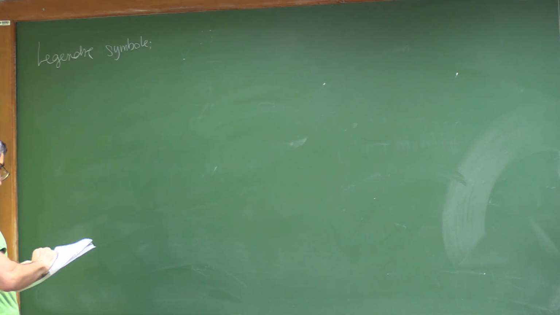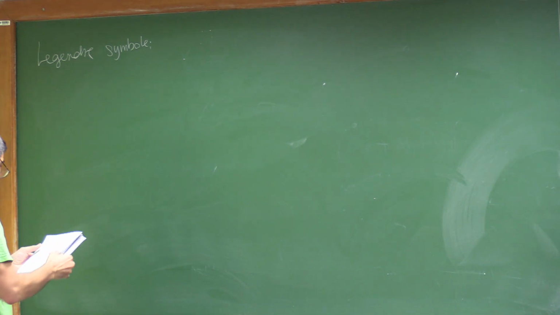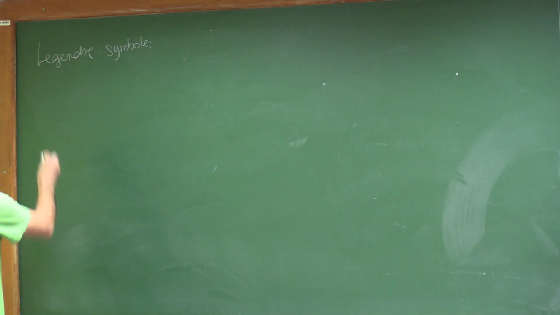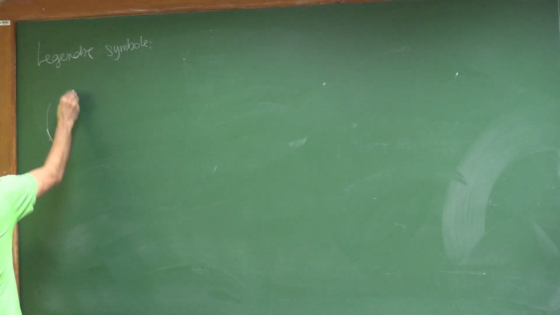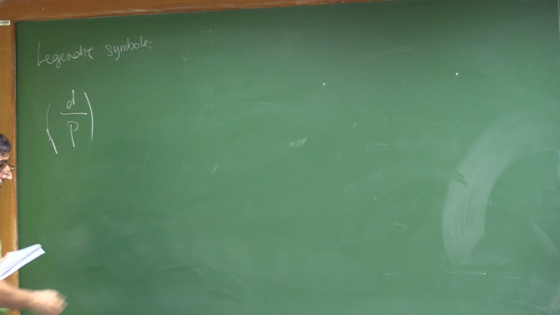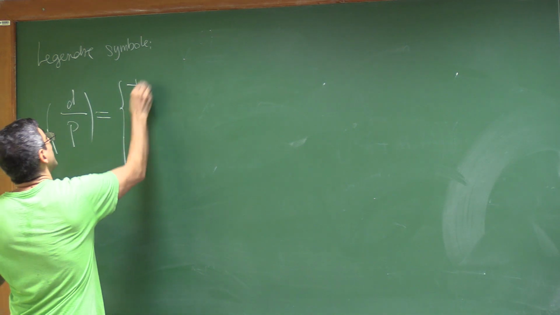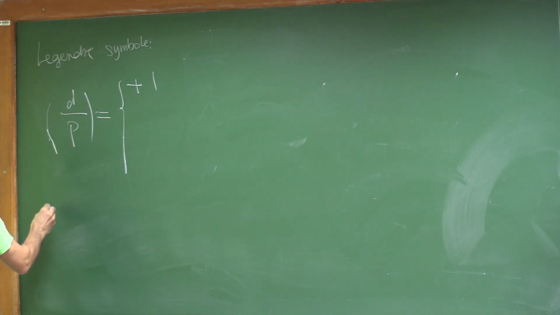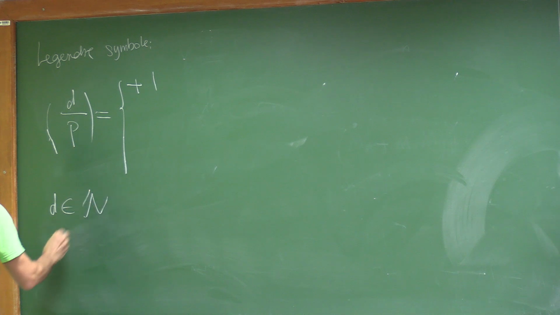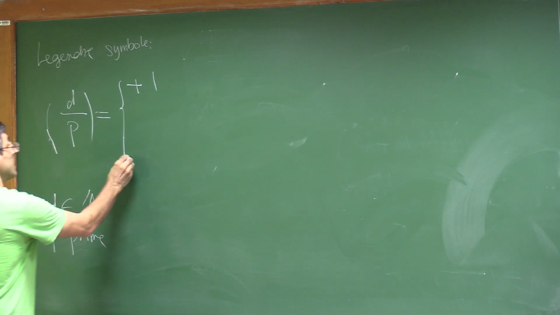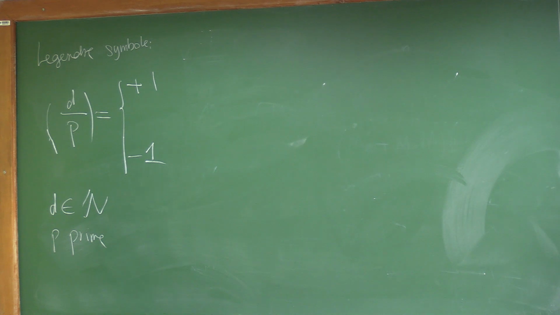Okay, maybe I write this one, and then in number theory, in Gugu's talk, you will see something called the Legendre symbol. I want to write this one, to see that there is some more arithmetic going on. So if you have an integer D and a prime p, you have something called the Legendre symbol. This is +1 or -1.